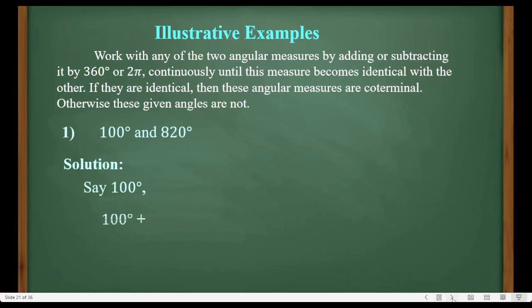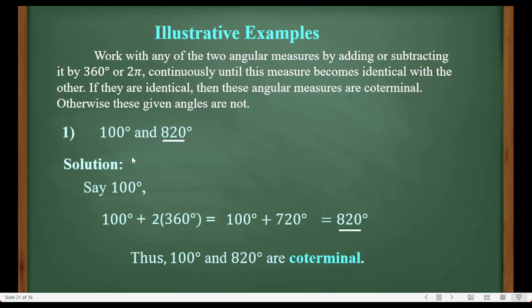How many times? We add 360 twice. So we add 2 times 360 degrees, and the result is 100 plus 720, or that is 820 degrees, which is the same as the second given angular measure in number 1. So what does this mean? It means that these two angular measures are coterminal.